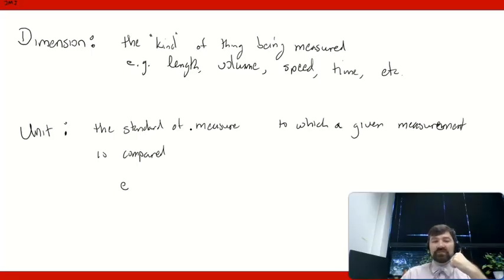So if you're wanting to measure a length, you might say that this is so many inches, or so many feet, or so many miles, or so many meters, or so many centimeters. So that would be a unit.